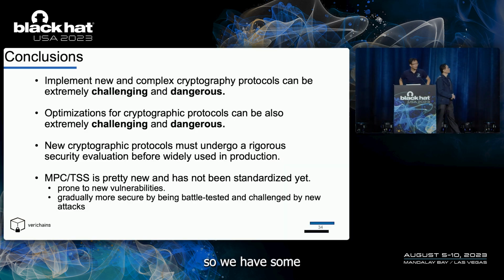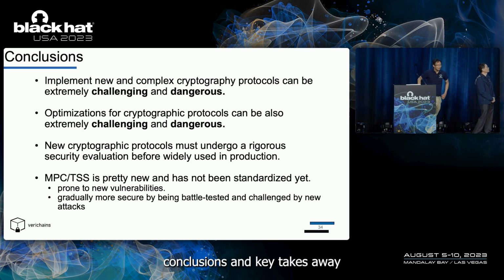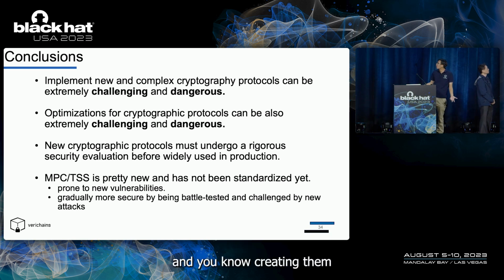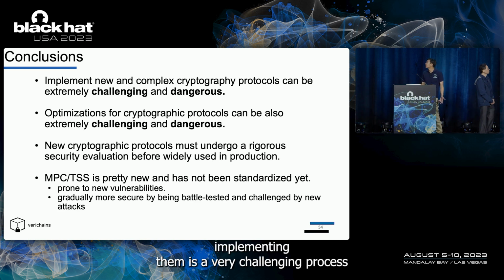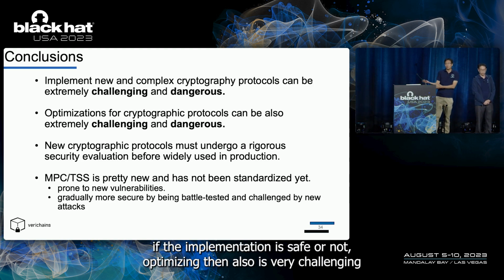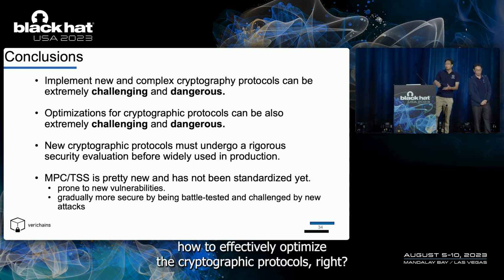So we have some conclusions, some key takeaways. These are very new cryptographic protocols, and implementing them is a very challenging process, and it could be really dangerous because nobody knows whether the implementation is safe or not. Optimizing them is also very challenging, because you don't know how to effectively optimize cryptographic protocols.